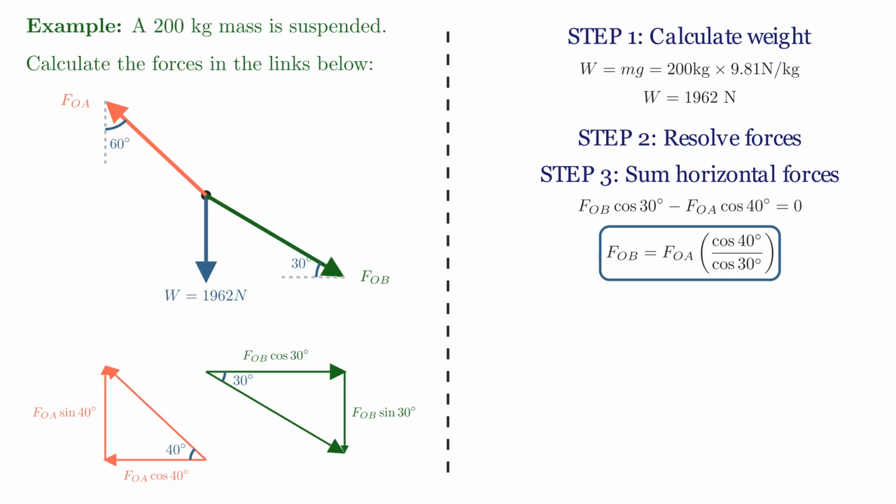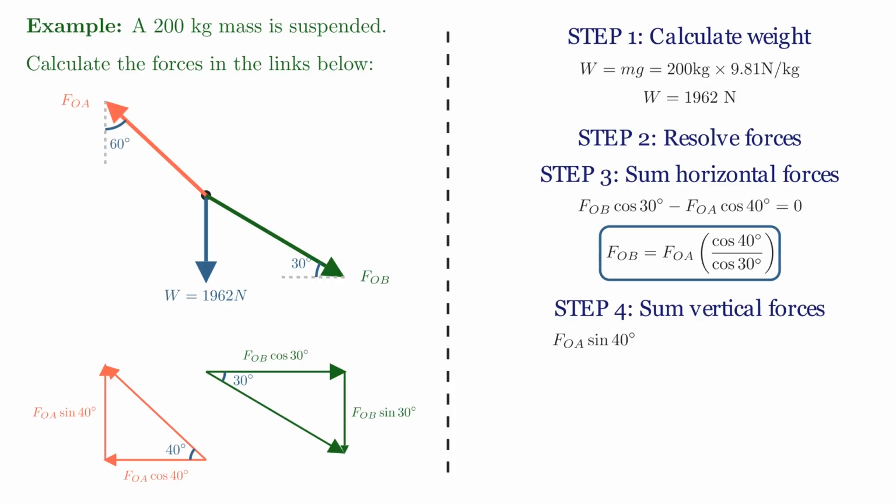Now taking the sum of the vertical forces to be 0. By convention, taking the upwards direction as positive, the downward direction is negative. So the only arrow which points upwards is the FOA. So it means that the vertical component is going to be positive. And we've worked out that vertical component is FOA sine 40. So we get plus FOA sine 40. Then look at the forces going down.